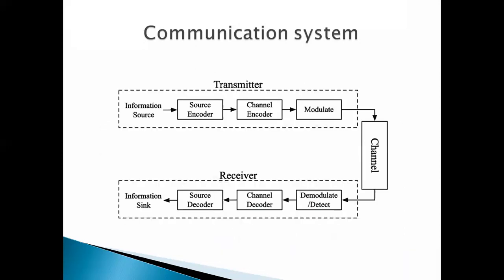In the communication system, the transmitter block has a source encoder, a channel encoder, and a modulator, whereas in the receiver block the opposite operations take place: demodulation, and the decoders, that is the channel decoder and the source decoder. So this is the entire communication system block diagram.